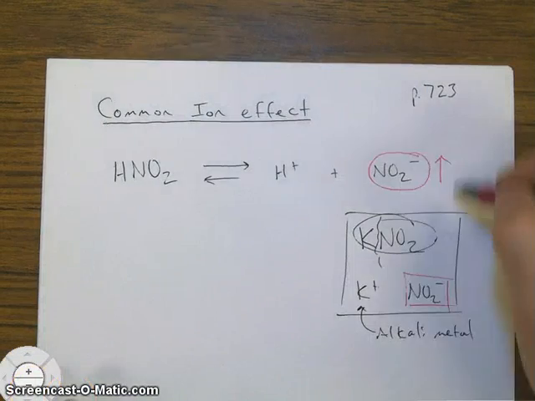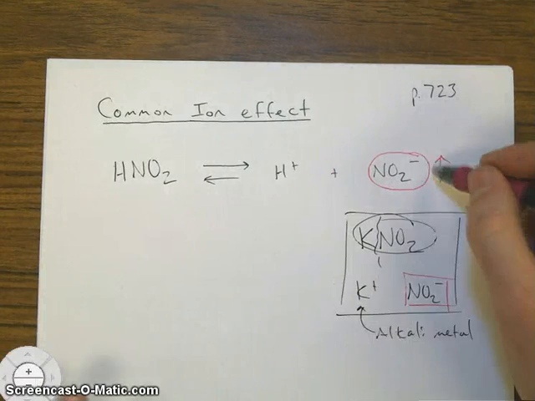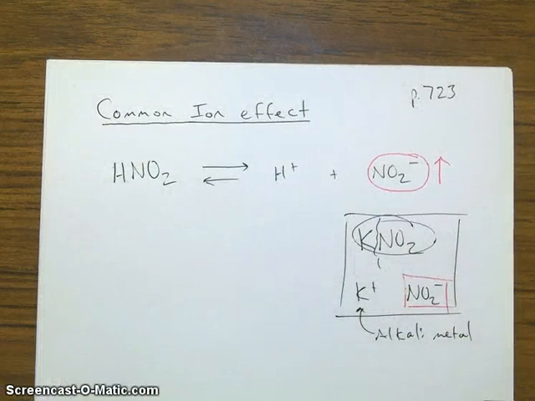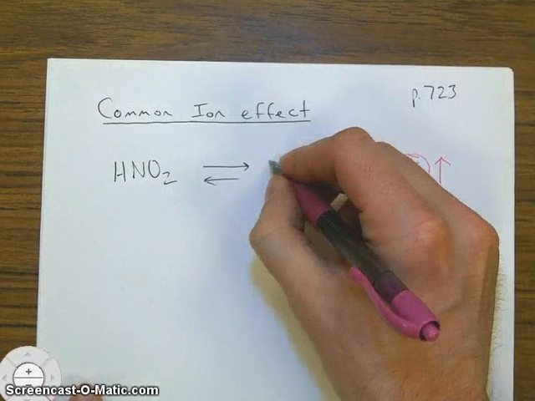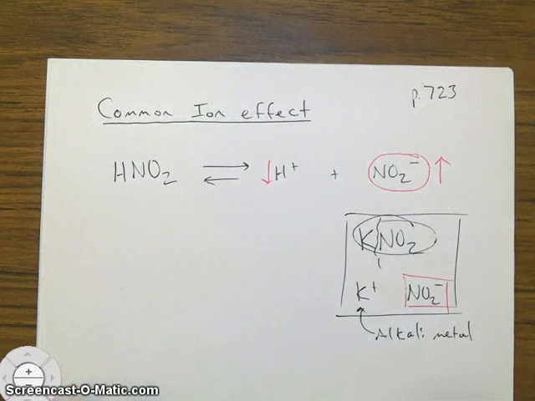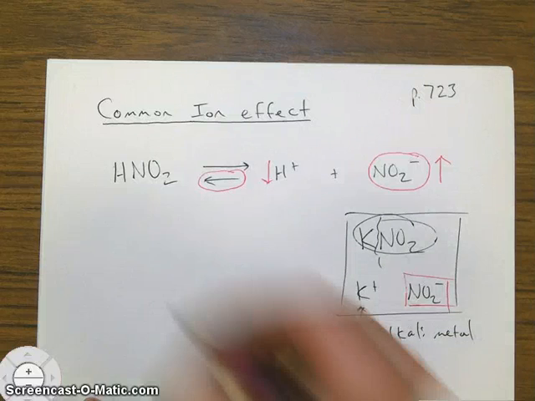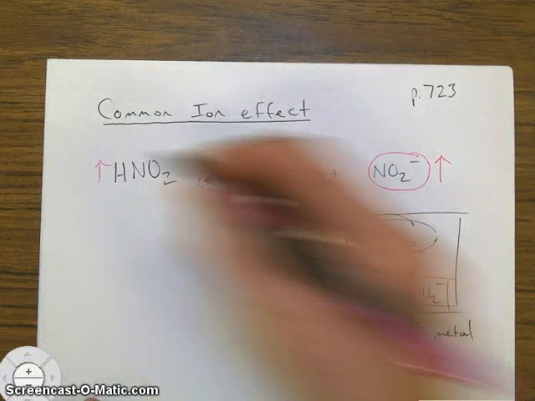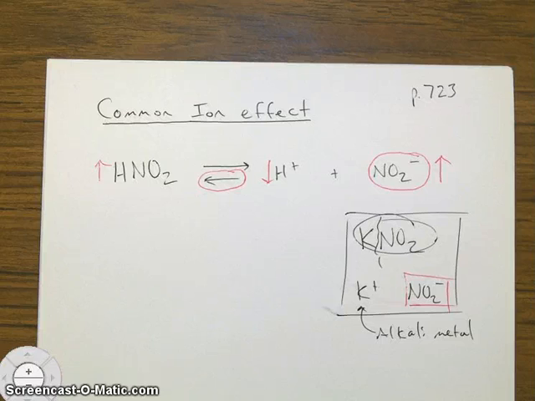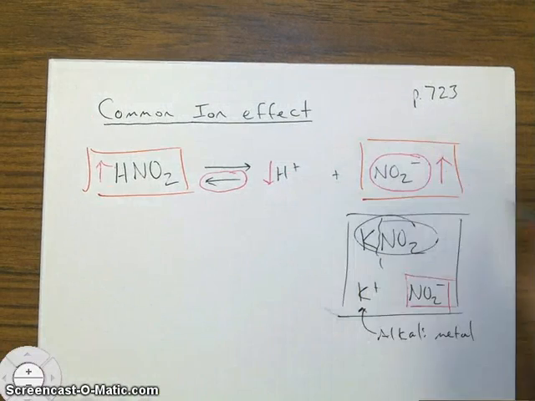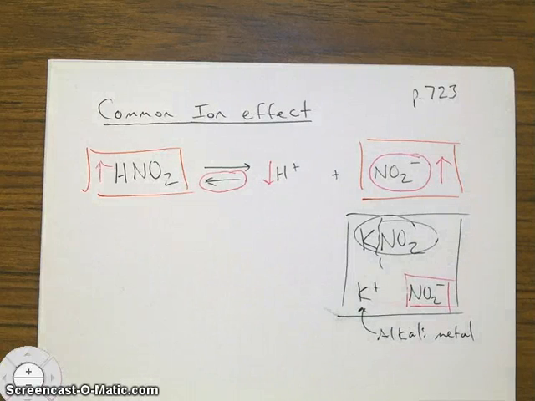Because it has upped the concentration of this, the little hydrogen ions that have fallen off of this nitrous acid drop in concentration as the equilibrium shifts to this side, and thus increases the concentration of nitrous acid. So what we end up having is a lot of HNO2, pretty much no hydrogen ions, and a lot of NO2 minus. And this is the common ion effect.